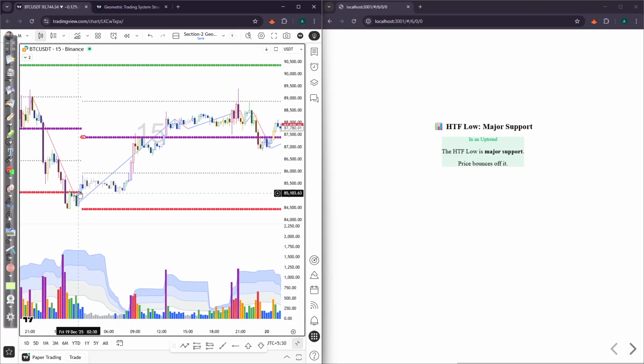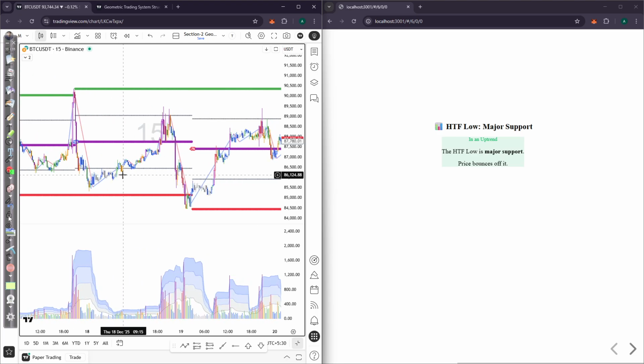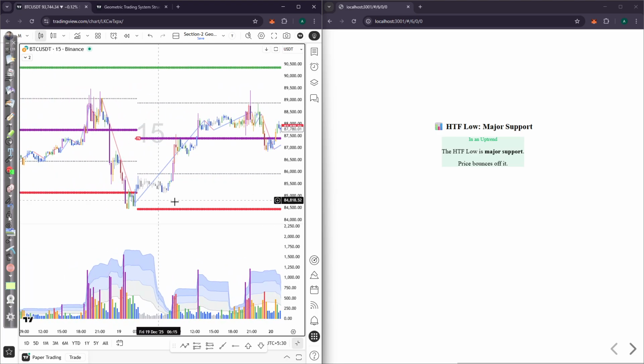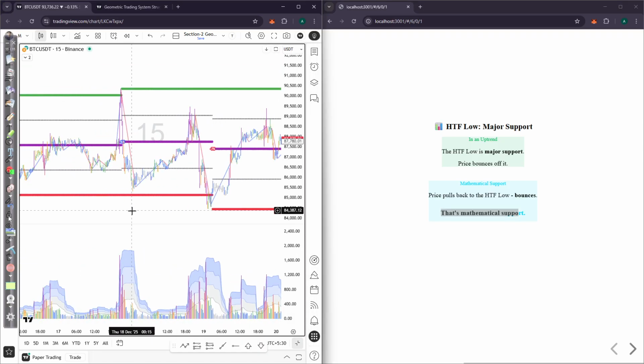You see this candle closes above, so you can see it acted as a support. Major support basically. The mathematical support level: when price pulls back to the HTF low, it bounces, and that's mathematical support.